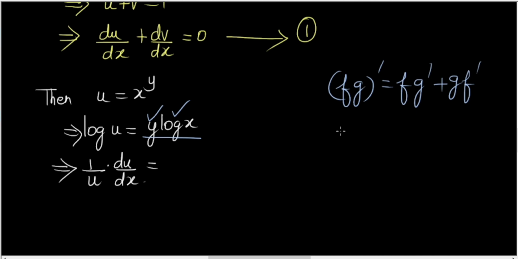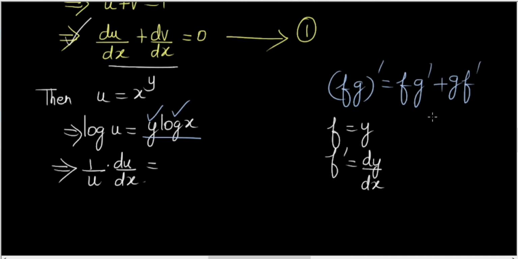So here, what is our f? f is simply our first function, which is y. f dash should be dy over dx. So even though in our first equation we didn't get our dy over dx, in our derivative, while we are proceeding further, eventually we get our dy over dx. So now the second function we are going to consider, which is g, that is log x.